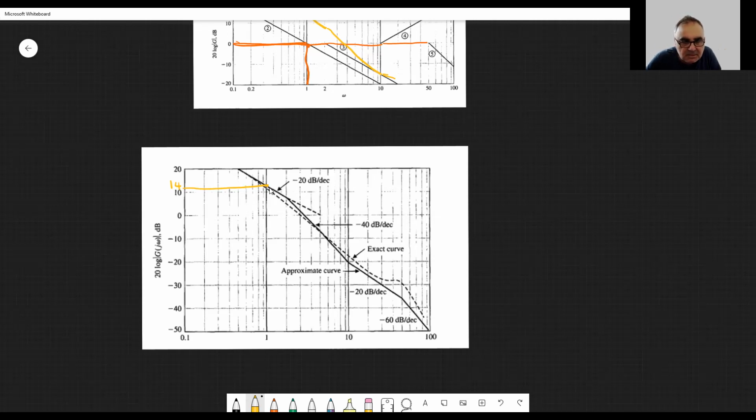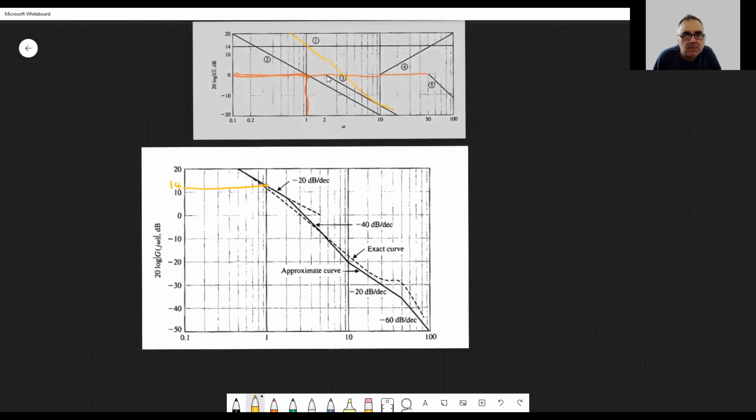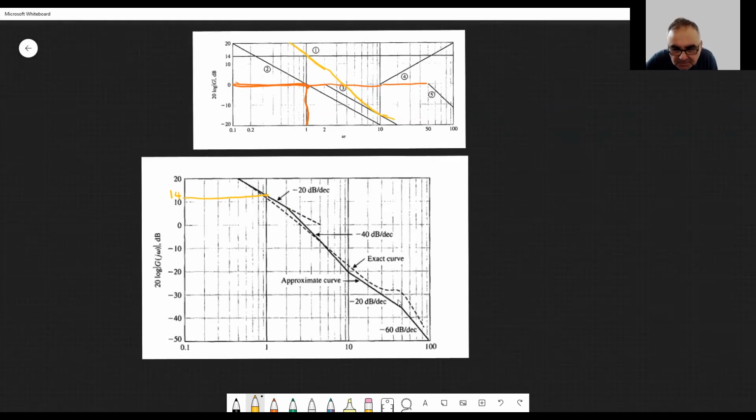And then at omega equals, no, not 0.2, omega equals 2, you have another line added to it. So the slope becomes minus 2, until 10. At 10, the slope becomes minus 1, or minus 20 dB per decade again, until 50. Here, this is 50.